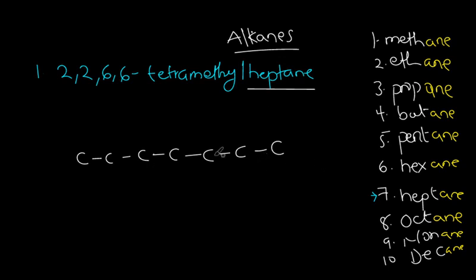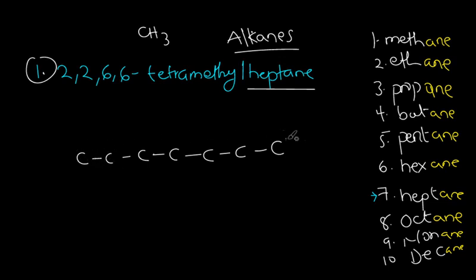Now we can see, this is example 1, we have 2,2,6,6-tetramethyl. So it means we have 4 methyl groups on different positions on this parent structure, and methyl is CH3. In this case, it doesn't matter where you are counting from, whether from here or from here, you get to decide.